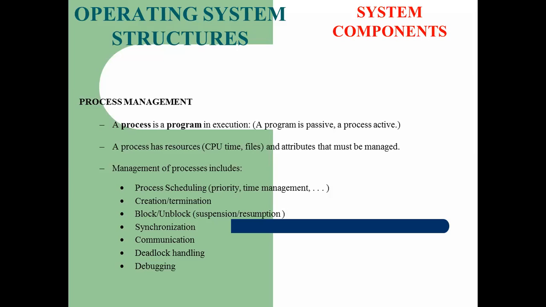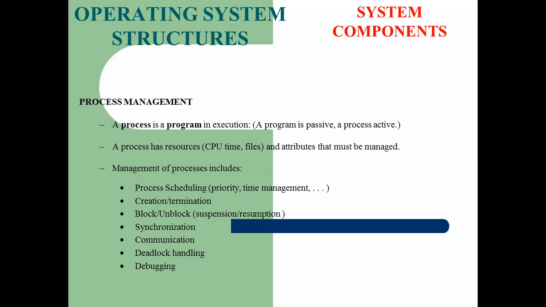This is the proper definition: a process is a program in execution. But a program is passive. Whenever you write the code, it is called the program. Whenever it runs, it becomes a process.